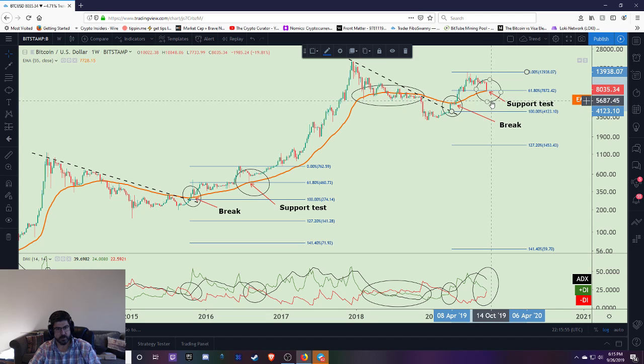But if momentum really kicks in strong, it might move right through it like it's not even there and look into the $3,000 to $4,000 range. So a break of this 6,000 would be the next level, and then the $3,000 to $4,000 range would be the next level after that. But let's hope this internal momentum kicks in for the bulls, and we start to find some buying interest right at the point that we should, and we'll go from there.